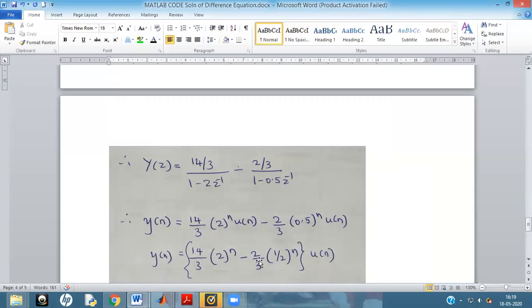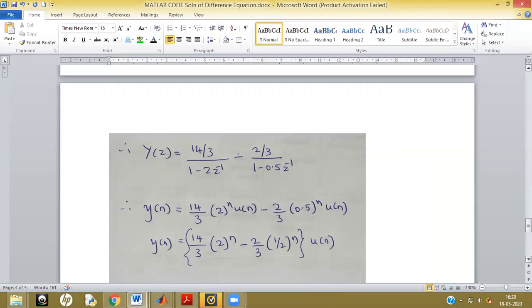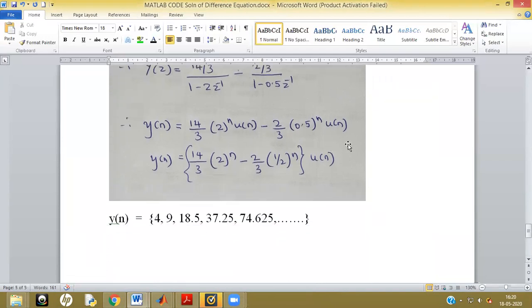But this expression, you can just plug in the value of n equal to 75 or 100 or 1000 into this, and it will give you the corresponding solution. This is the expression I have got. And if you were to substitute n equal to 0, 1, 2, 3, and so on, I'll get these values like this.